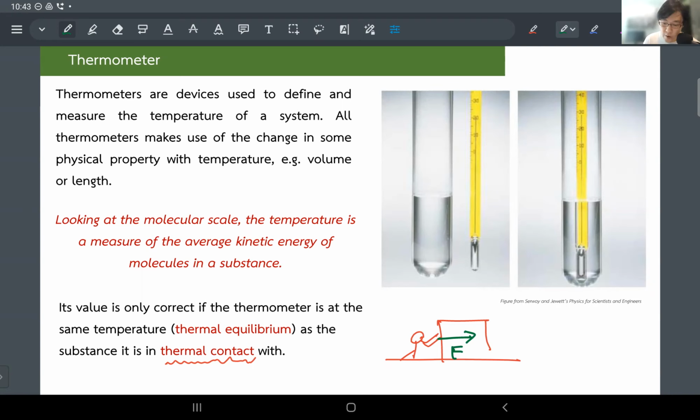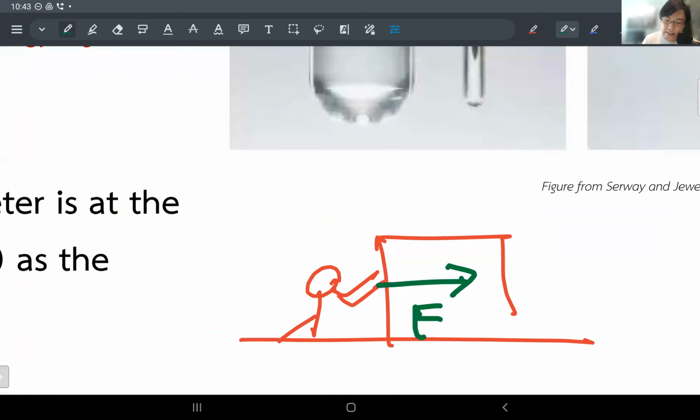Okay. So what we are doing over here is, if I say, hey guys, this dude here is 37 degrees Celsius. The box is at room temperature, maybe 25 degrees Celsius. So once the hand of this guy touches the box, you guys know what happens. Yeah, there will be some energy flow from the dude to the box, right?